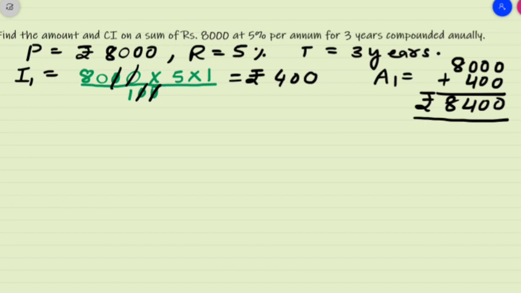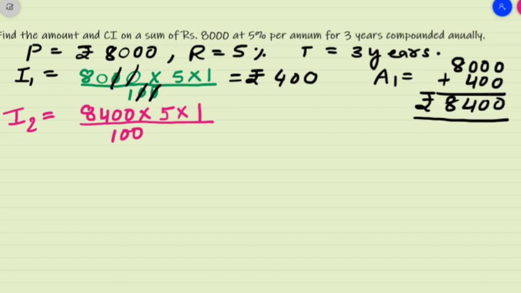Now let us see how much will he earn after the second year. Now second year I2 you have to calculate here. See, for the first year your principal was rupees 8,000, but for the second year the principal will be 8,400. So 8,400 multiplied by the rate 5, again for 1 year, divided by 100.